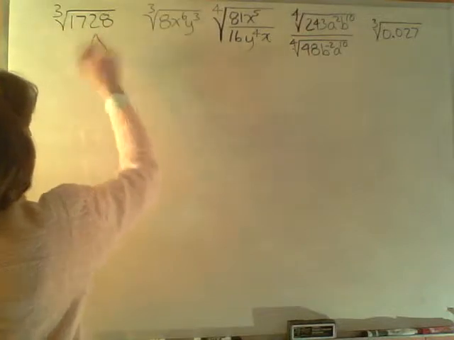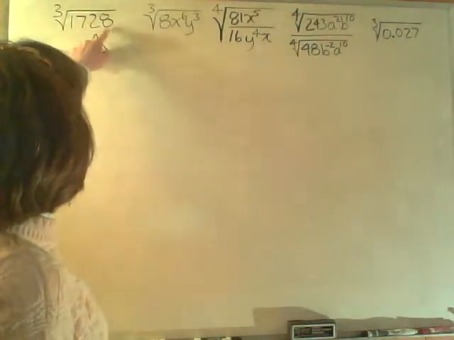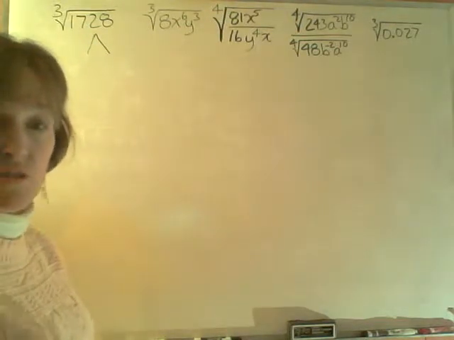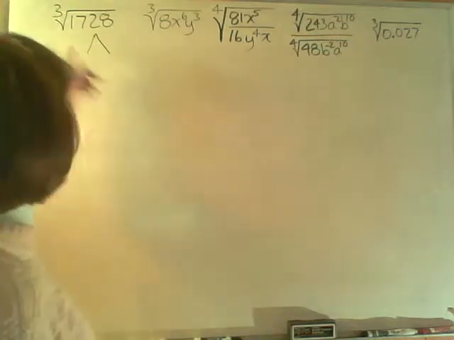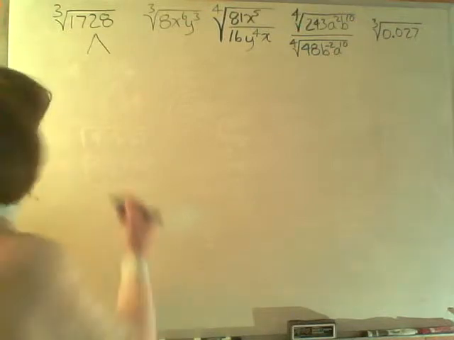Right? And when I look at 1728, and I add up the digits, I get 18. Well, that means that 9 goes into 1728. You simply add up the digits, and if that number is divisible by 9, then your number is divisible by 9.